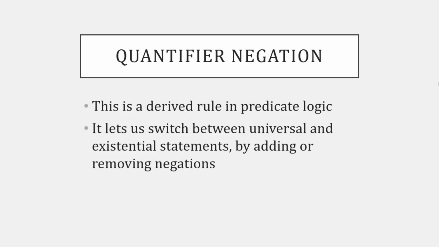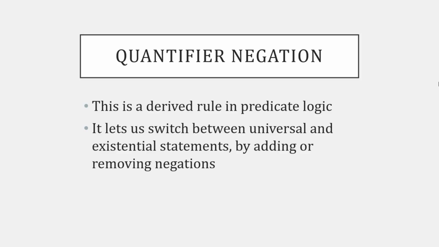Okay, just one last thing then. Quantifier negation. So this is in fact a derived rule in predicate logic, but it's not one that you have to unlock, I believe. Has anybody used quantifier negation in Logic 2010? Yeah, and you didn't have to solve anything? Okay, so yeah, this is a derived rule, but standardly it comes unlocked, so you don't have to do the thing like with our old derived rules.